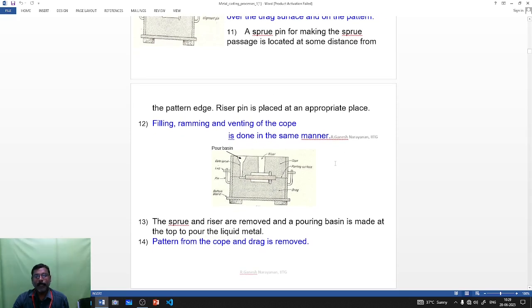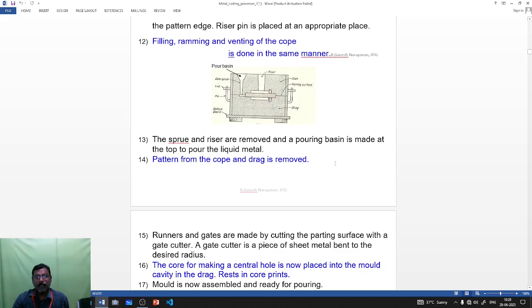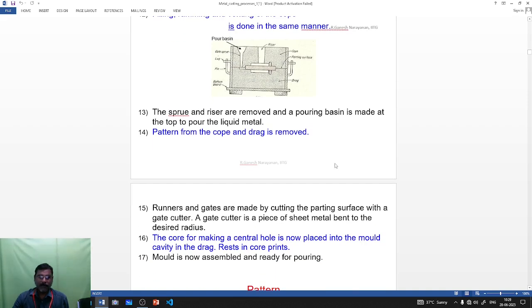Then filling, ramming and venting of the cope is done in the same manner. The sprue and riser pins are removed and a pouring basin is made at the top to pour the liquid metal. The pattern of the cope and drag is removed.